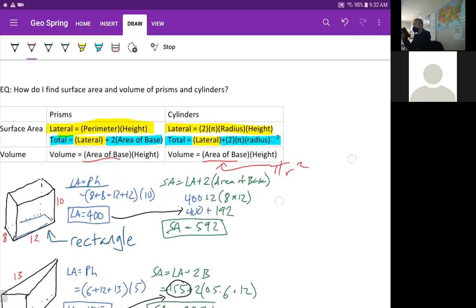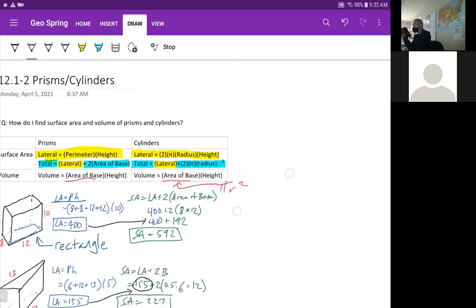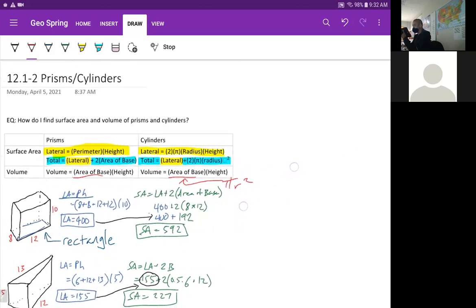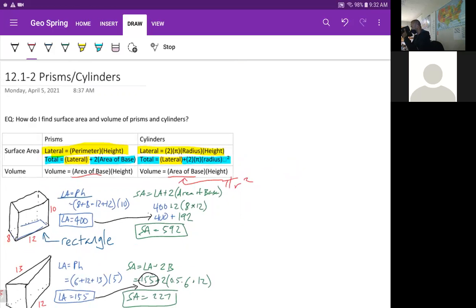Let me put that on here so you have this in case you're watching these notes later and don't know what I'm talking about. A triangle equals 0.5 times base times height.